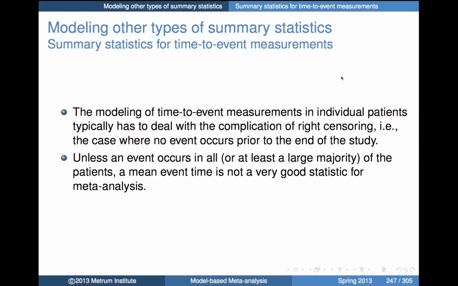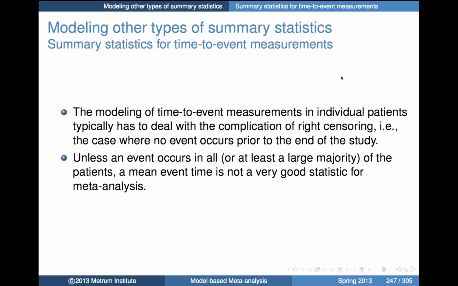Okay, and then another category that we encounter quite a bit in clinical trials are trials where the original measurements were in the form of time to event. Certainly when we're dealing with things like mortality, morbidity trials, the outcomes are usually the time to something like death, an MI, or some other event like that.